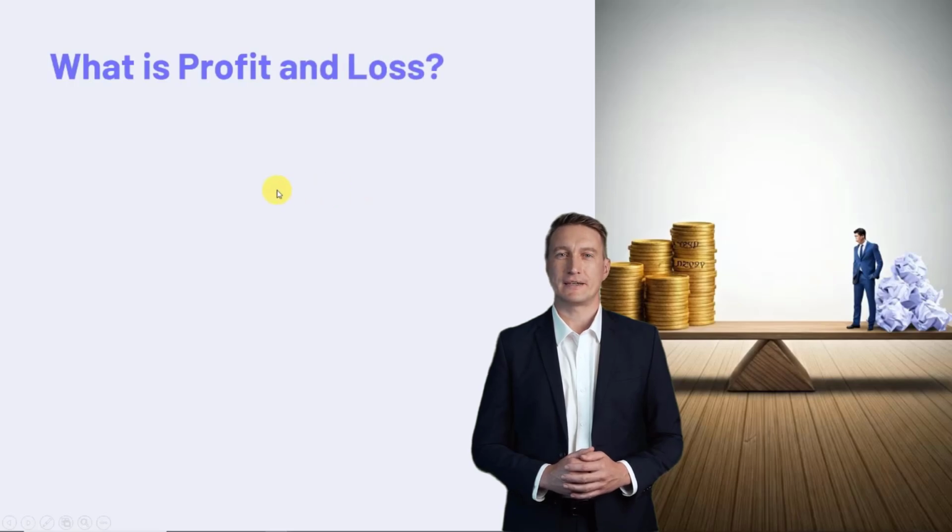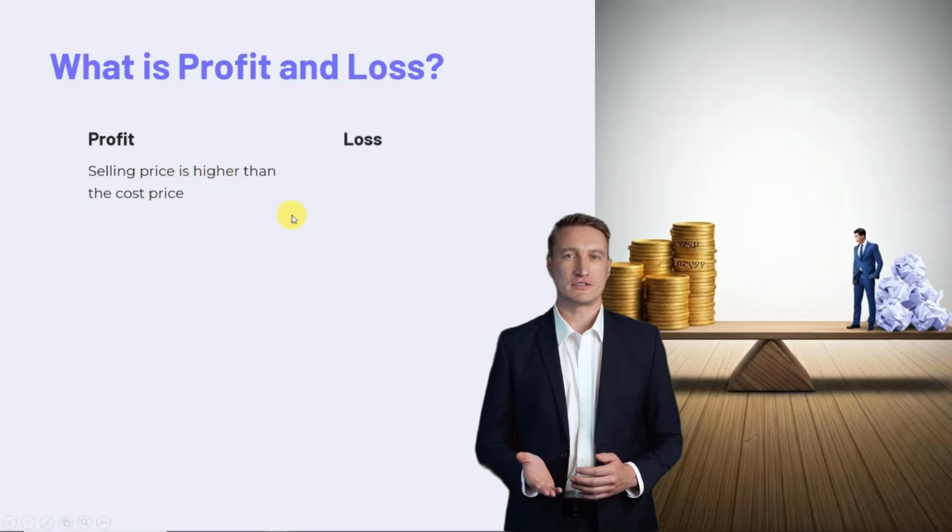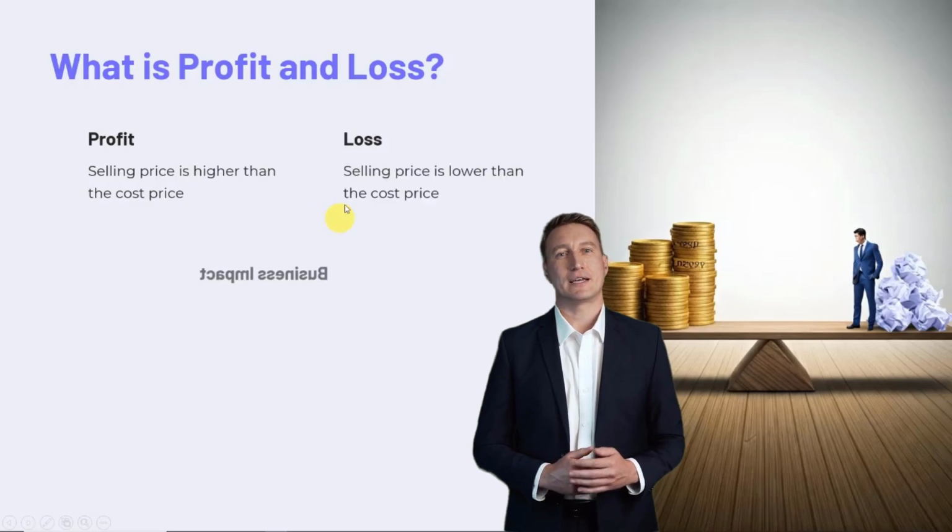It's very important, guys. In any business, it's very important. Let's first have a look at the definition of a profit. Profit is when the selling price is higher than the cost price. That's when you're making a profit. And of course, a loss is just the opposite of that: the selling price is lower than the cost price.